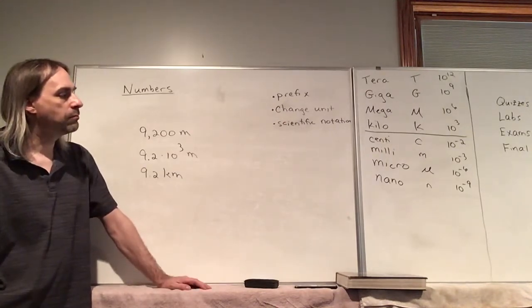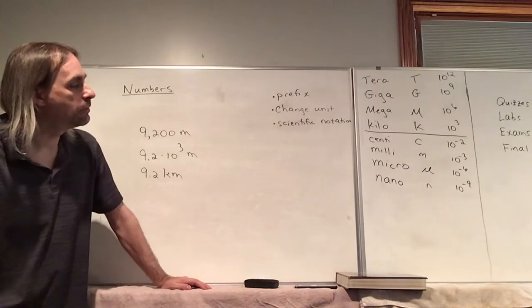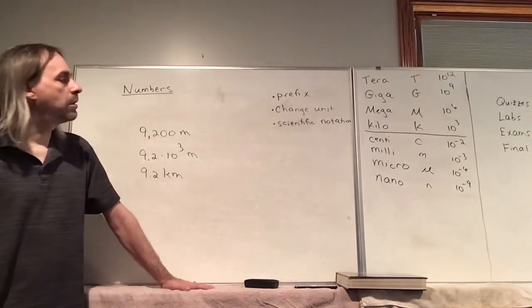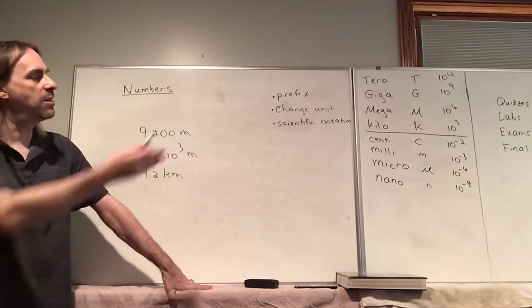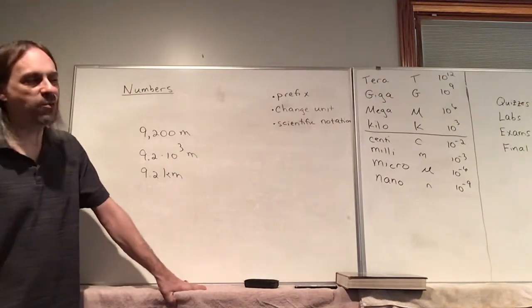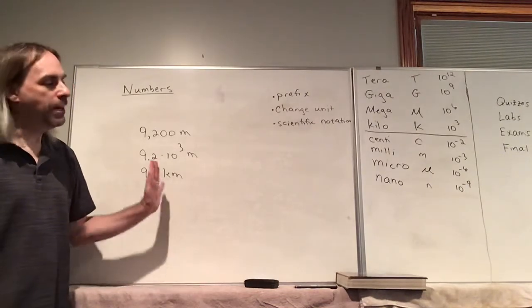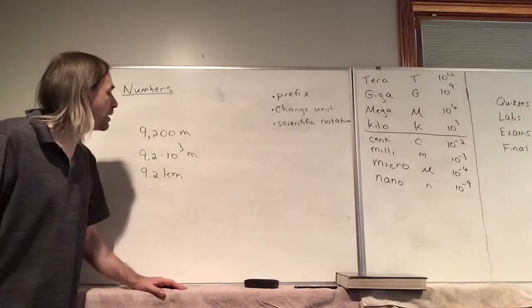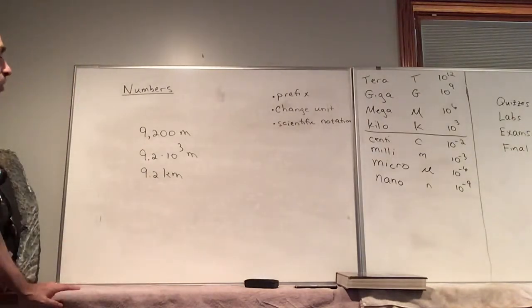I'm trying to think of an actual physical example that would make sense. But I used one above the line and one below. So using a prefix can usually make your numbers look much more reasonable.